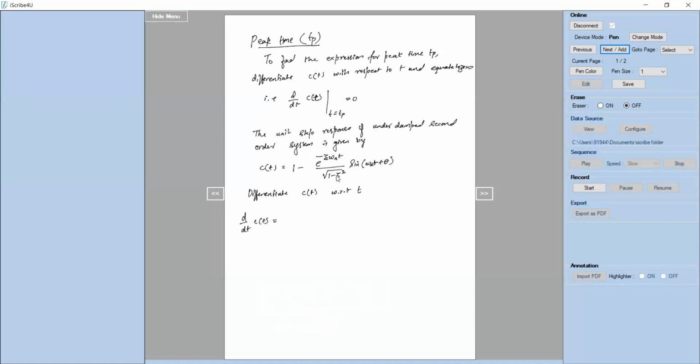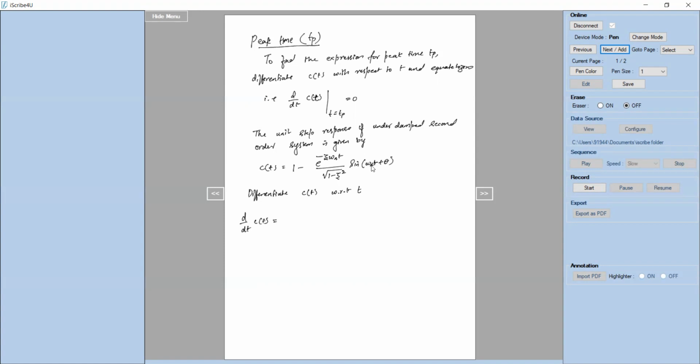I repeat what I'll be doing. I'll take this product of two functions, the second term. If I differentiate this product, I first differentiate the first, keep the second as it is, plus keep the first as it is and differentiate the second.